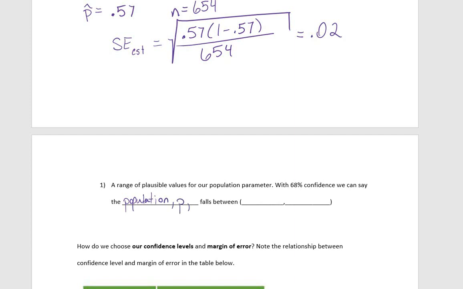If we're doing 68% confidence, then that is going to be p hat plus or minus just a single standard error. So that would go down to 55% and up to 59%. So we are 68% confident that the actual amount of Democrats that agree with that statement is somewhere between 55% and 59%.